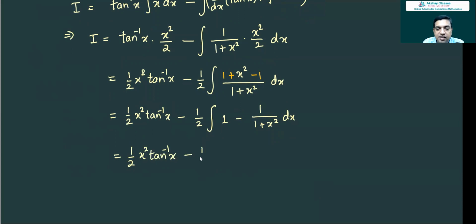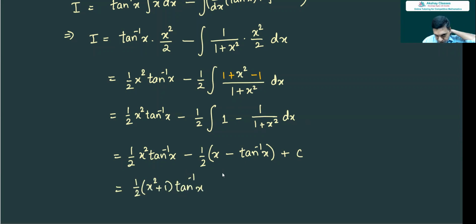Integral of 1 is x and integral of 1 by 1 plus x square is tan inverse x. Plus c. So we can simplify half times x square plus 1 tan inverse x. I am adding the tan inverse x terms minus half x plus c.